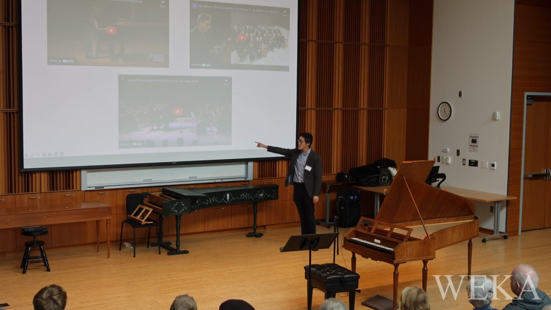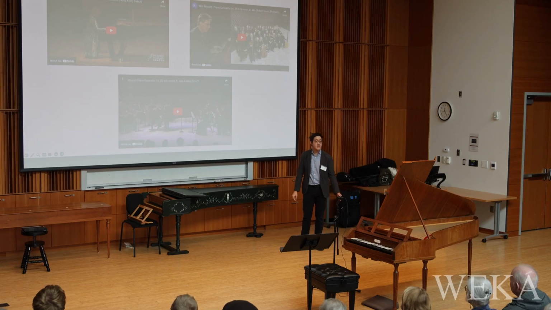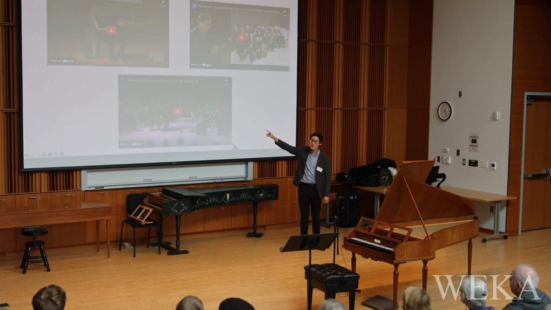The lower one here is Sir András Schiff playing the same concerto. He realized the continuo part on the piano, provided his own cadenzas, and also conducted at the same time. And the one on the top left is the pianist Gabriela Montero, improvising on a theme chosen by the audience on the spot. So which video do you want to see?